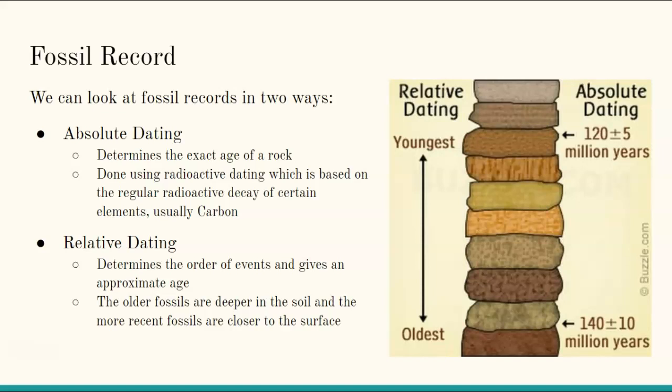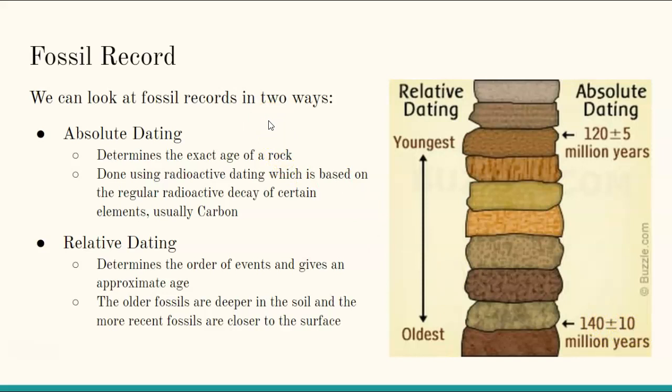Half of the carbon would be removed per half-life, and then the next time the half-life happens, half of the remaining carbon is removed, and it continues on until there's just barely any left. But you can still date the age of the fossil pretty much exactly, right? These are like millions of years ago, and we're talking like plus or minus 10. That's like not that bad.